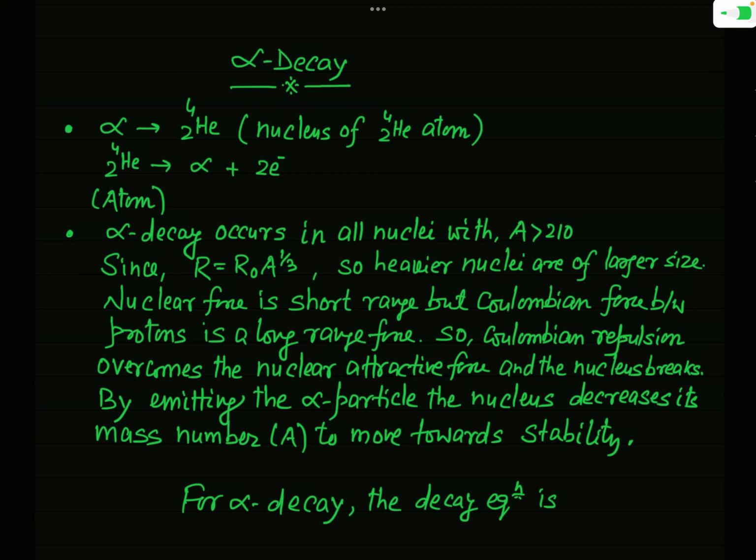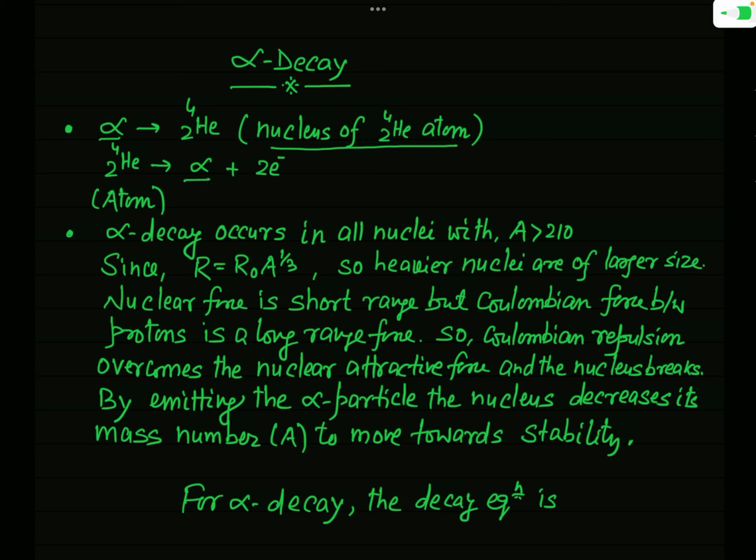An alpha particle is simply the nucleus of a 2He4 atom. The 2He4 atom has 2 protons, 2 neutrons and 2 electrons. If by any mechanism you remove those 2 electrons from this neutral atom of helium, then you get an alpha particle.